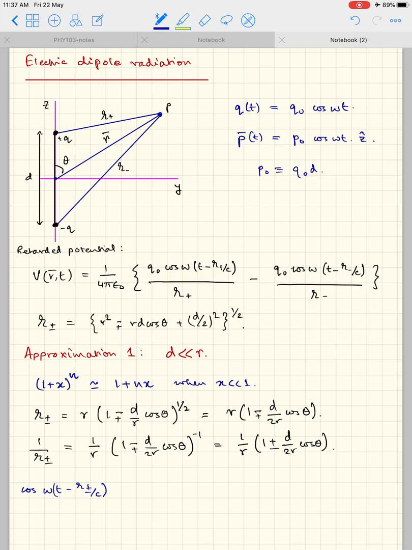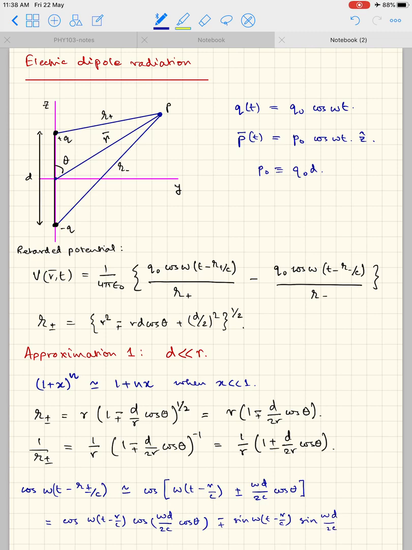Writing this in terms of r plus minus, this is simply cos of omega t minus r over c plus minus omega d by 2c cos theta, and you expand this out in sine and cos: cos of omega t minus r over c times cos of omega d by 2c cos theta, minus plus sine of omega t minus r over c times sine of omega d by 2c cos theta. Very good. So that's just expanding this out.